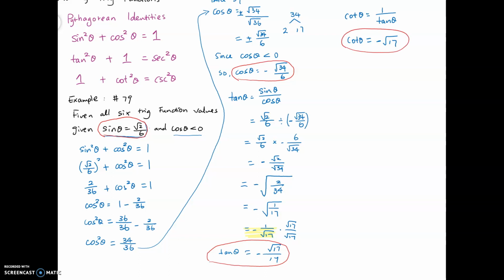And then my secant theta is 1 over cosine theta. So my secant theta is going to become negative 6 over square root of 34. This time I do need to rationalize the denominator.